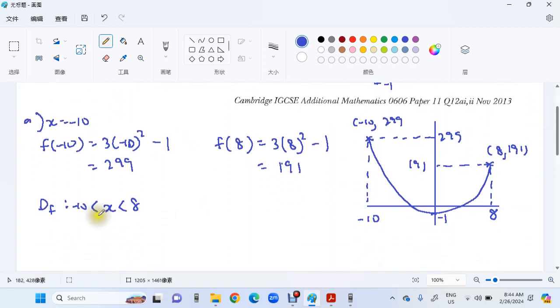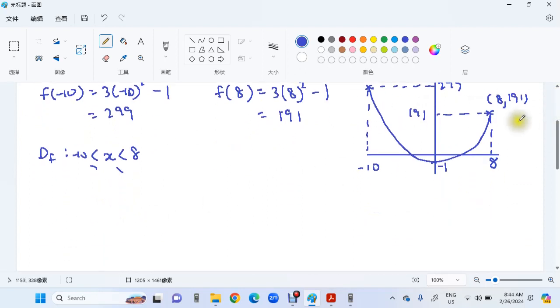So where is the domain? Domain is this part, the smallest value until the largest value, negative 10 and 8. Then the range of the function will be f(x) between the smallest value, negative 1, and the largest value, 299.